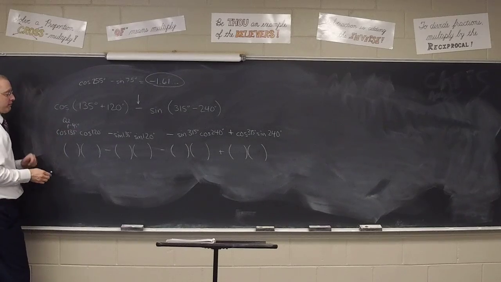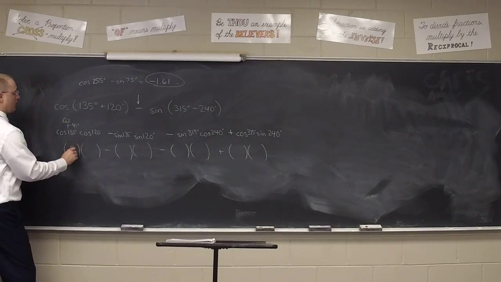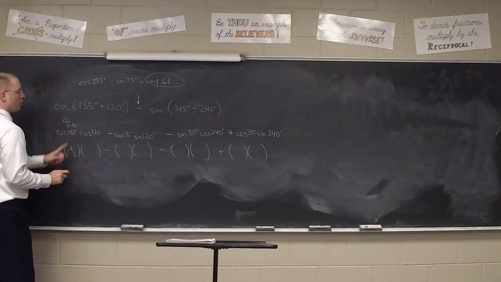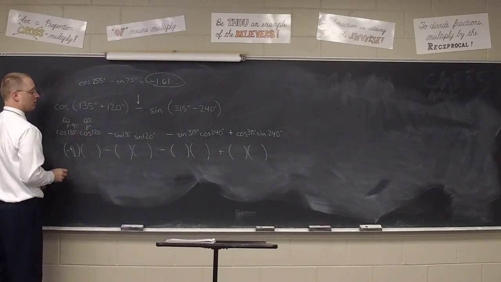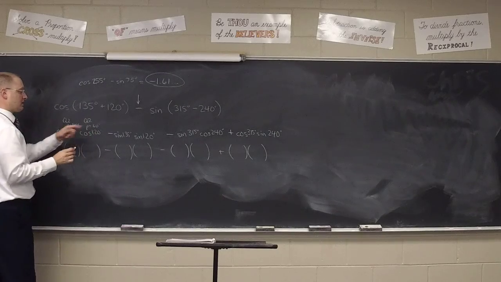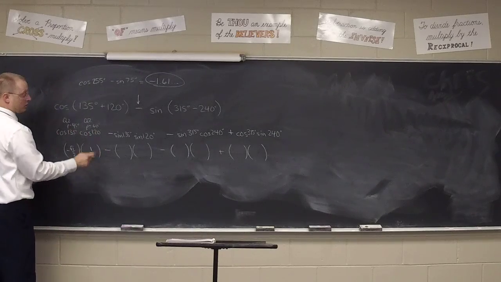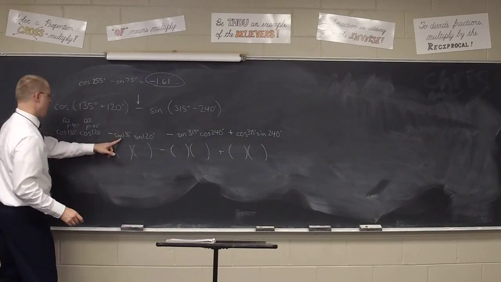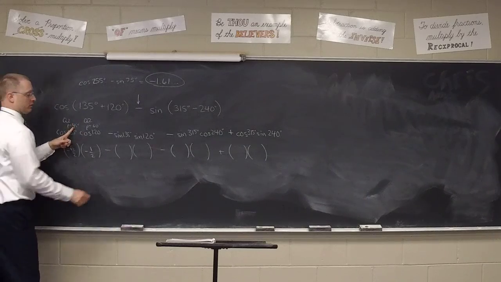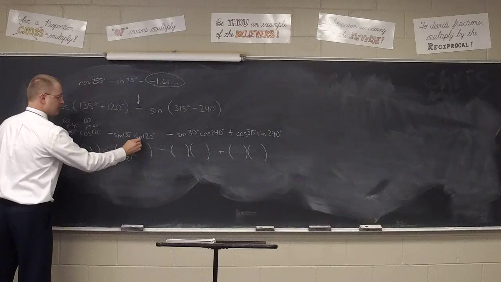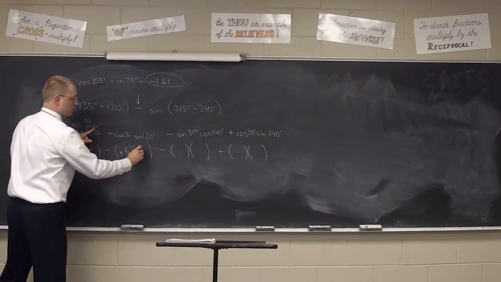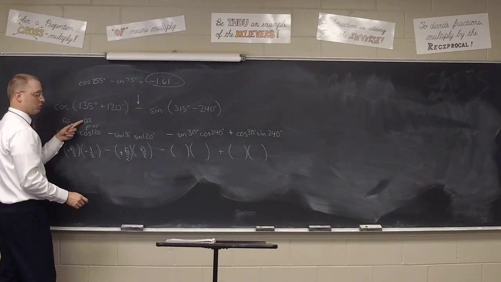What's the cosine of 45? Square root of 2 over 2. In quadrant 2? Negative. 120 is quadrant 2, reference angle 60. What's the cosine of 60? 1/2. Negative 1/2 in quadrant 2? Negative. Sine of 45, square root of 2 over 2, in quadrant 2? Positive. Sine of 60, square root of 3 over 2, in quadrant 2? Positive.